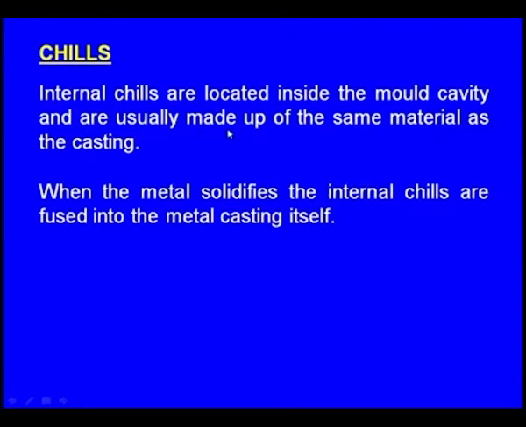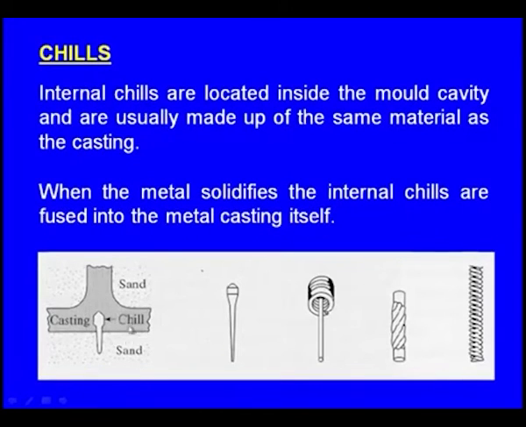When the metal solidifies, these internal chills are fused into the metal casting and they become part of the casting. And here we can see there is a casting, and there is a possibility that a shrinkage cavity may develop, and here we want the metal to solidify quickly.